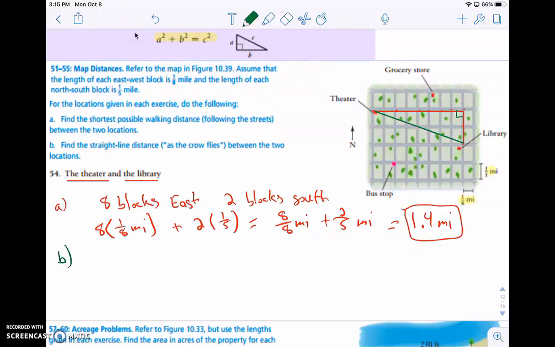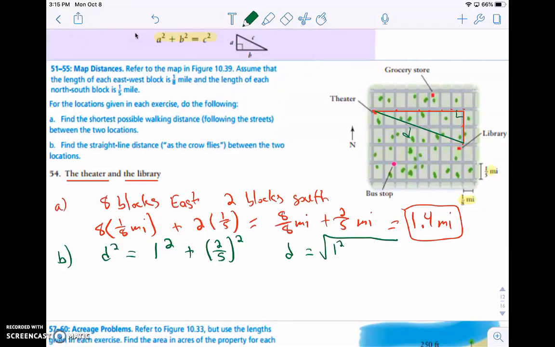So I'll just call that distance D. We would have D squared equals 1 squared, since it was 1 mile going east, plus 2/5 squared, since it was 2/5 of a mile going south. I'm just going to square root both sides. We don't need to do plus or minus in this case, because distance being negative doesn't make sense.